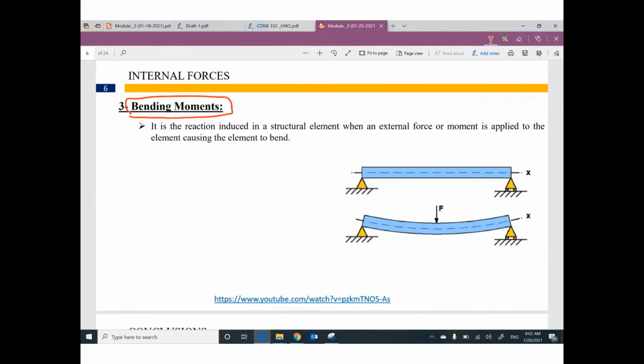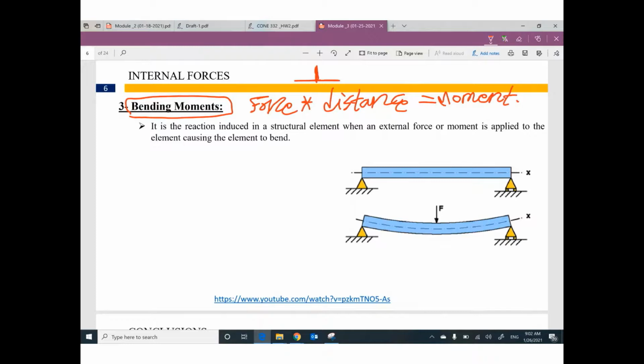When I have a moment, can you answer this question? When you have a moment, if you have a force and you have a distance, and the force and the distance are perpendicular, that means we have a moment.